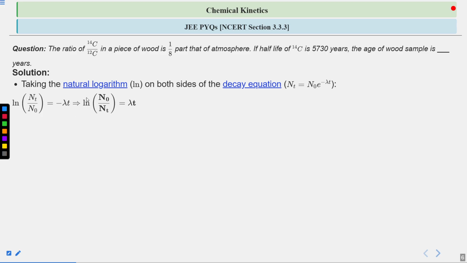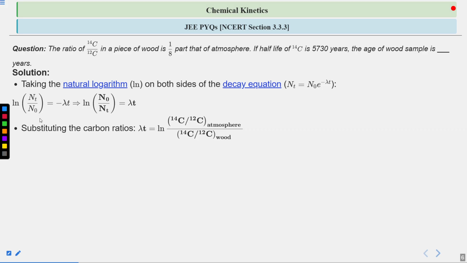So this equation becomes ln N naught by Nt equals lambda t, where N naught is the initial number of atoms of the decaying element, Nt is the number of atoms remaining after the decay process at time t, t is time, and lambda is the decay constant. Now we substitute the carbon ratios. So lambda t equals ln of 14C by 12C in the atmosphere divided by 14C by 12C in the wood, right?